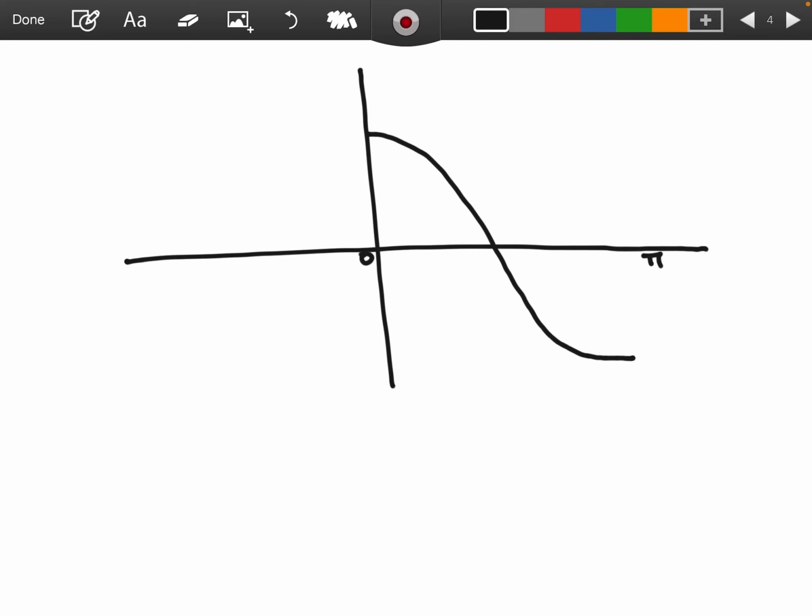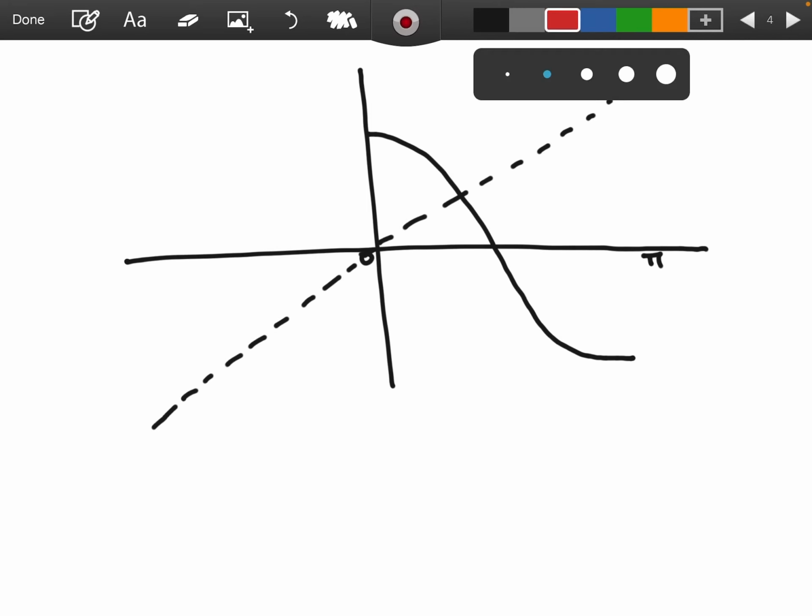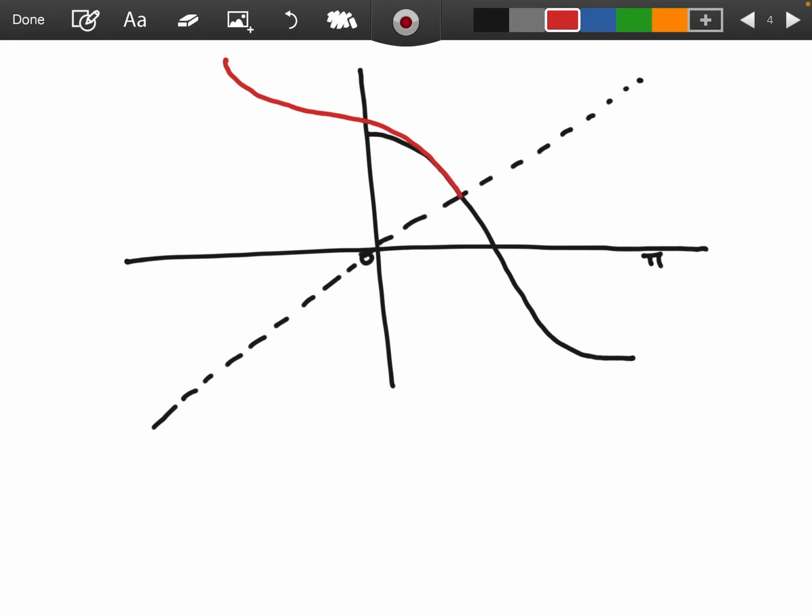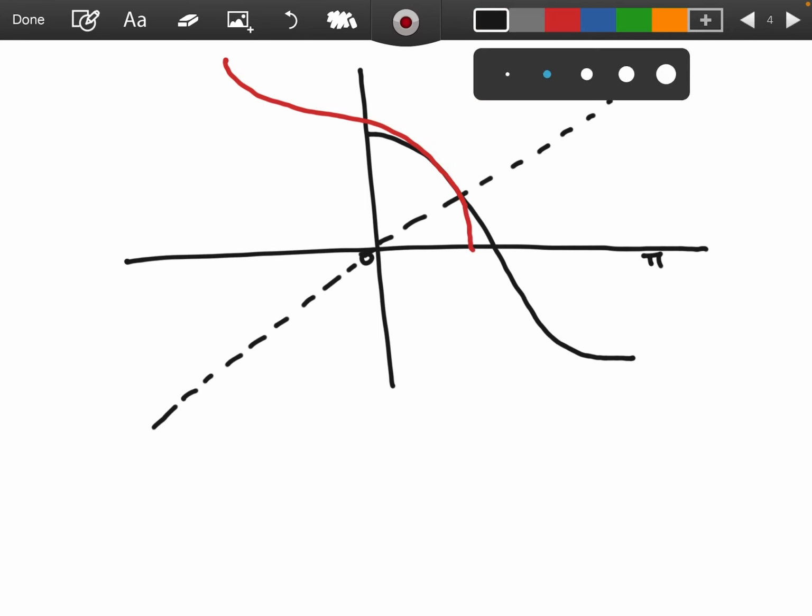Again, you can dot out the line y is equal to x, and then you can find that your graph would look something like that. Again, not completely accurate, but if you look in the textbook, they will have a more accurate picture for you.